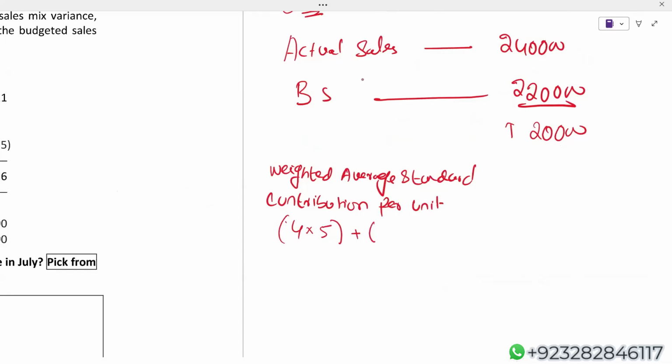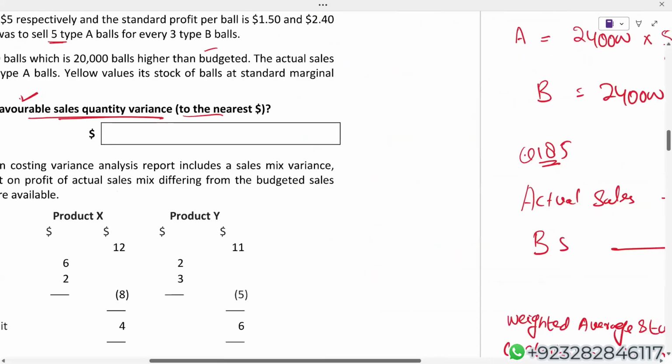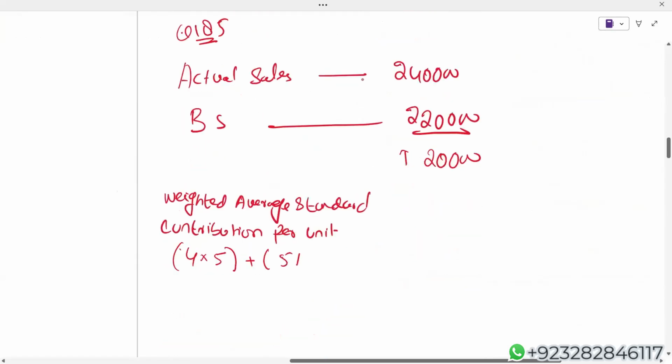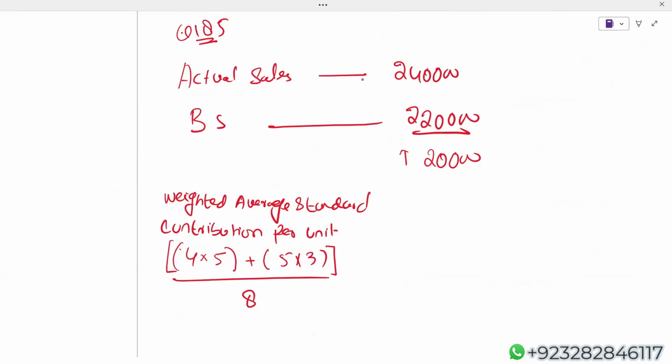Then contribution is 5 and the units are 3. Total number of units is 8. Calculating: 4 multiplied by 5 plus 5 multiplied by 3 gives 35, divided by 8. I'm getting a weighted average contribution of 4.375 per unit.